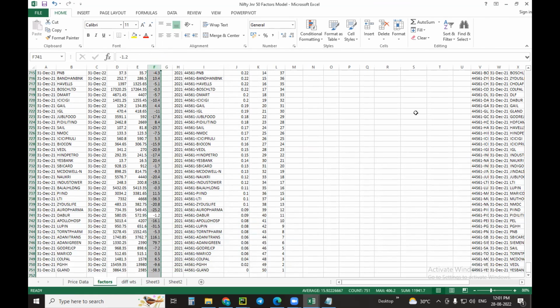Not entire F. F741 to F750. So it is 13%. 13.19. Because Gland shouldn't be there. That is because of Adani Transmission is there with 116% return. But it is what it is. Picked up, right? Yeah.